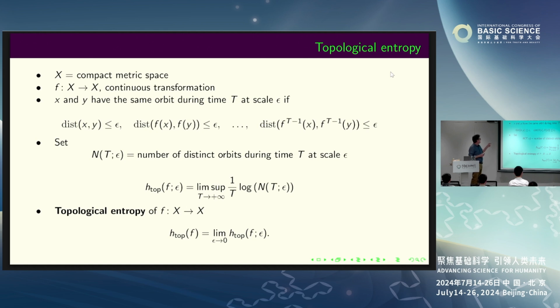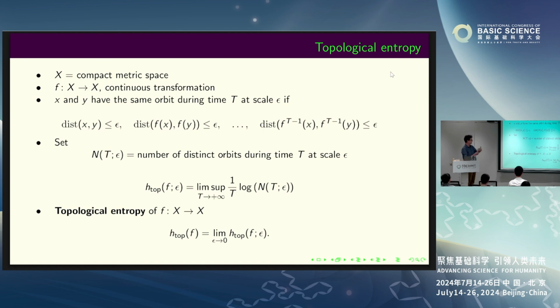Okay. So you fix a time of observation t, a precision epsilon, and you look at the number of distinct orbits that you can observe at this precision during period t. And then you let t go to infinity, and you look at the number of distinct orbits you see. Typically, this number of orbits grows exponentially fast with t.